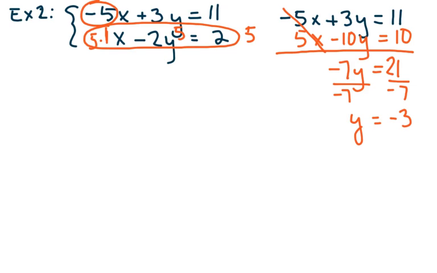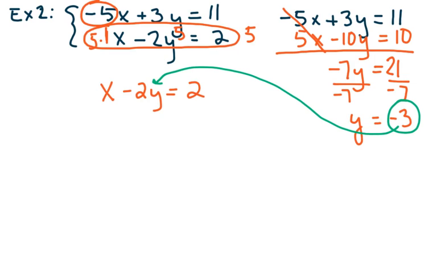Once I have my variable y, I can go back to my original problem. It doesn't matter which one I choose. So I'll choose the bottom one, x minus 2y equals 2. I'm going to plug y equals negative 3 in. So then I have x minus 2 times negative 3 equals 2.